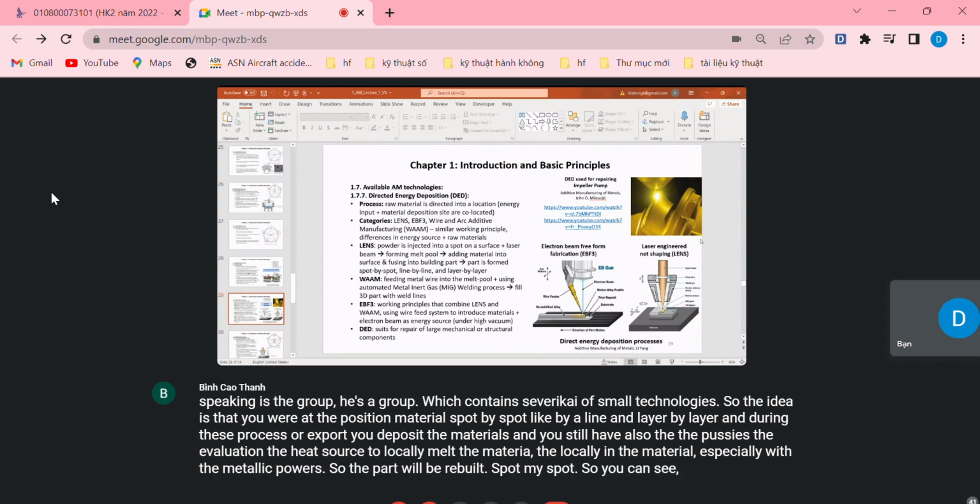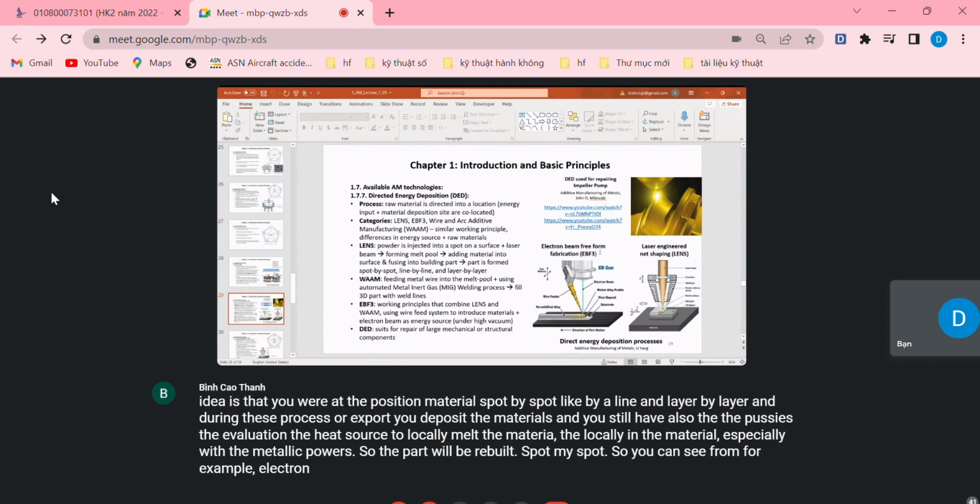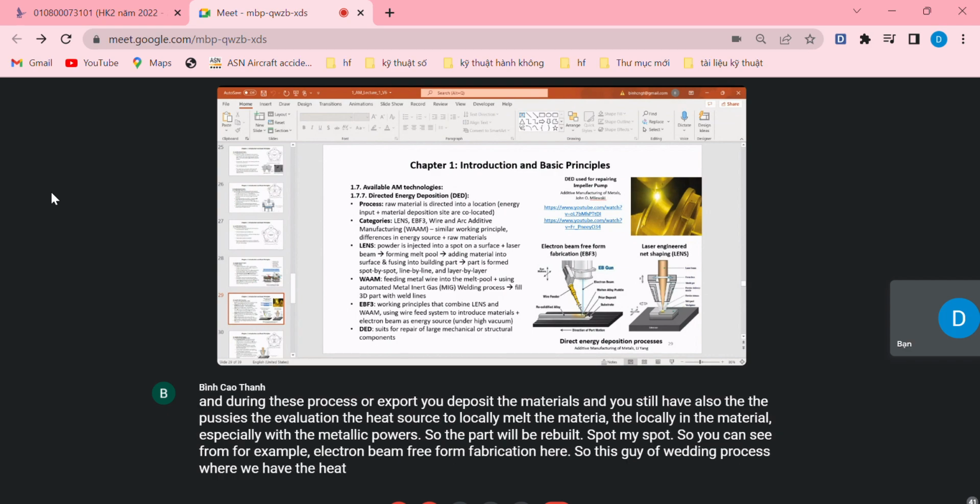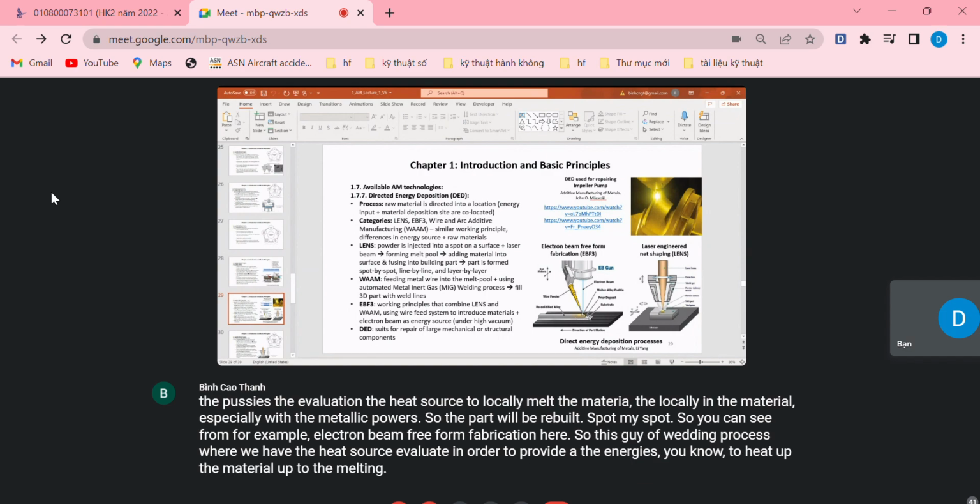You can see from, for example, electron beam freeform fabrication here, this kind of melting process, where we have the heat source irradiate in order to provide the energies to heat up the material up to the melting temperatures, to create a melt point.